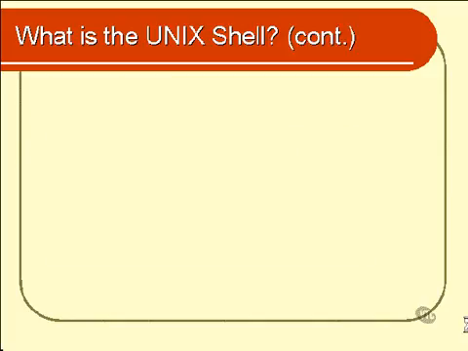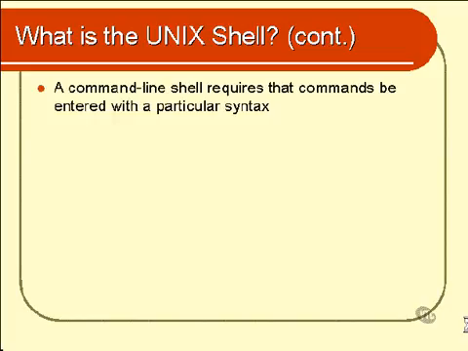Anyway, let's talk a bit more about the Unix shell in particular. The Unix shell is a little bit like DOS's command.com in that it is a command line shell. It's a text shell. It requires that if you want to start a particular program, you type the name of that program onto what we call a command line and then press enter.